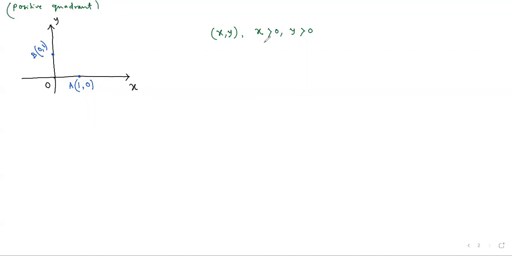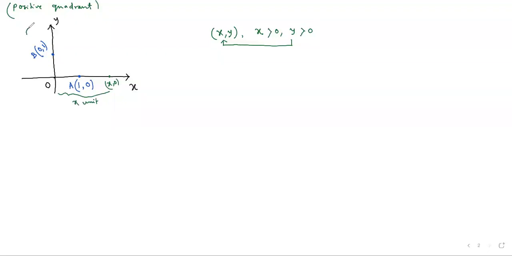Now if I want to plot this point (x, y) in the coordinate system, since x is positive and y is positive, some x distance apart, the coordinate (x, 0) appears, and this is x units from origin.